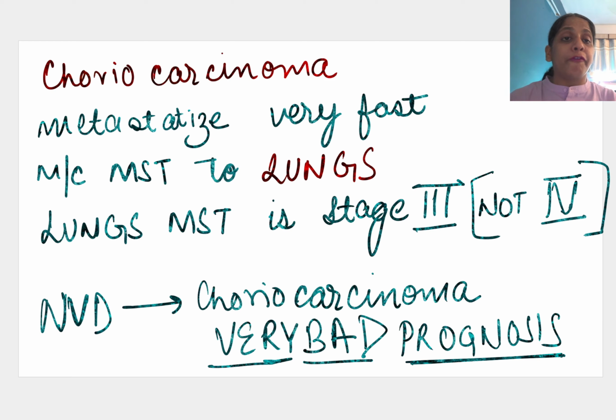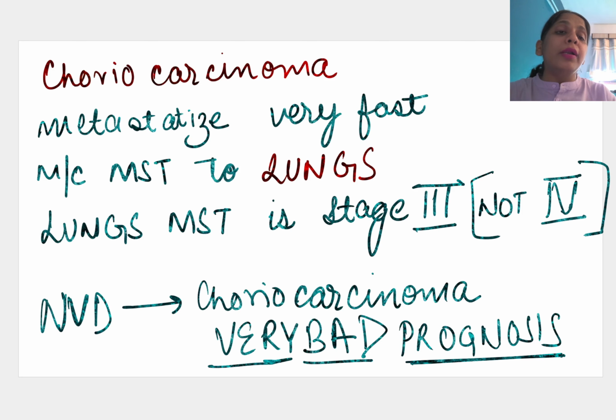If after a normal vaginal delivery the placenta changes into GTN, that becomes choriocarcinoma, and it has a very, very bad prognosis. So you have to learn this.